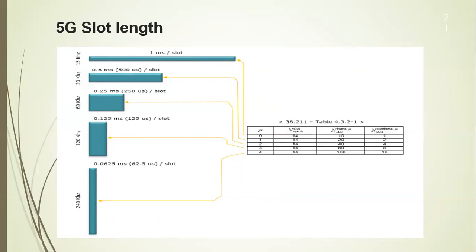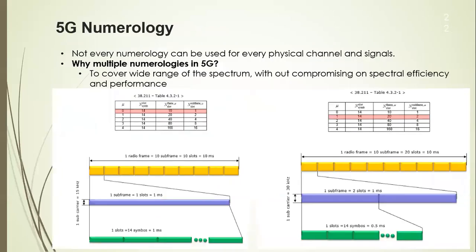And the recommended subcarrier spacings for sub 6 gigahertz is 15, 30, and 60. And for millimeter waves, it is 60, 120, and 240 kilohertz. So this is a pictorial representation of how the frame structure looks depending on the numerology that we have chosen.